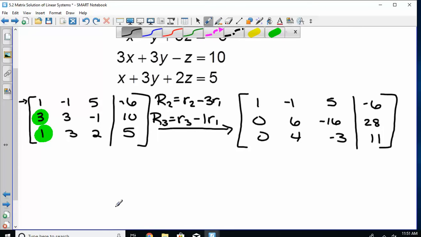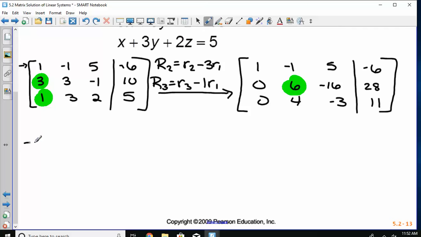So column 1 is done. 2 columns to go. What is my next goal? Row 2, column 2. That 6 needs to be a 1. So the easiest thing, we are changing row 2. If I want to get a 1, is just to multiply by the reciprocal. So I could just take it times 1/6.